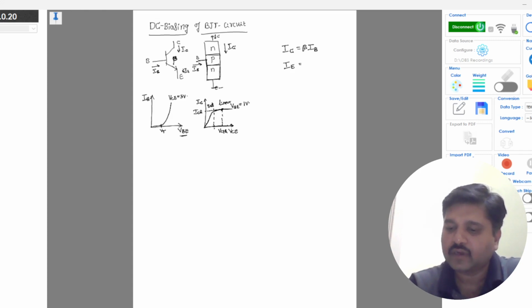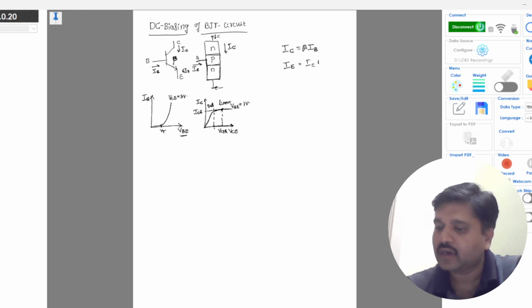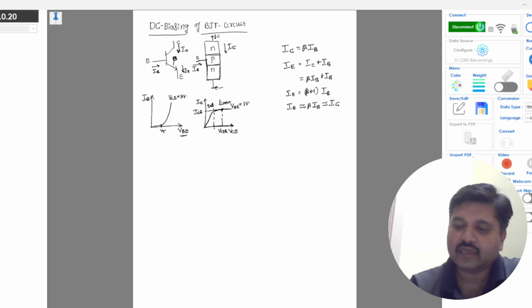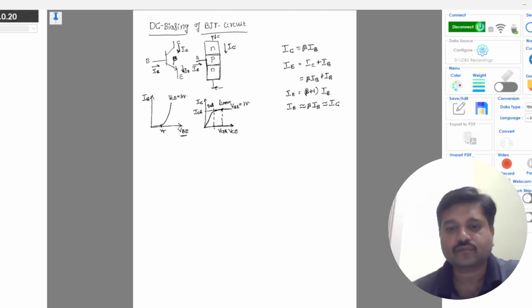Since IC is beta times IB, IE will be beta plus 1 times IB. Since beta is very large compared to 1, you can approximate this as beta times IB, which is the same as your IC. So the currents IC and IE are almost the same, right?